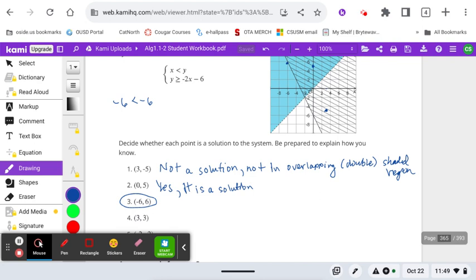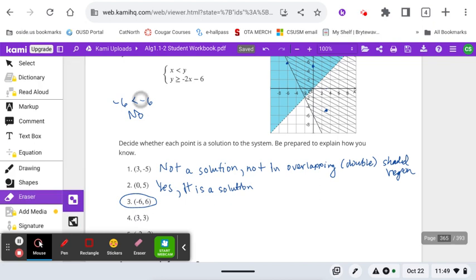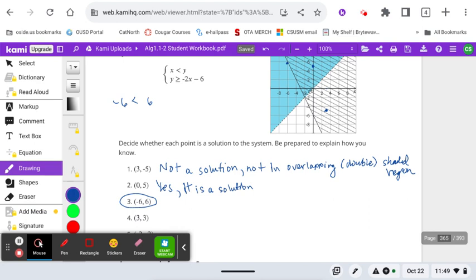Is -6 less than 6? It fits in the first inequality. The second one is 6 greater than or equal. Plug in the -6 and simplify.